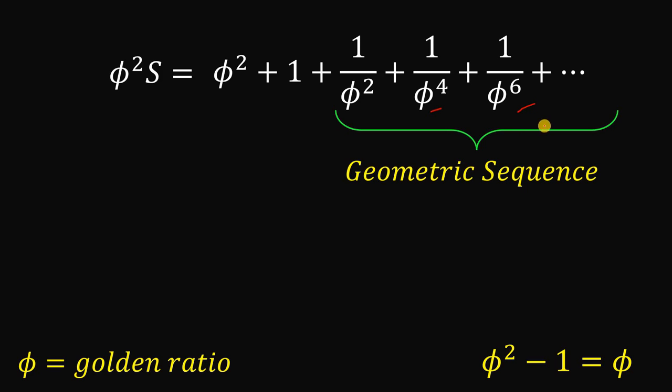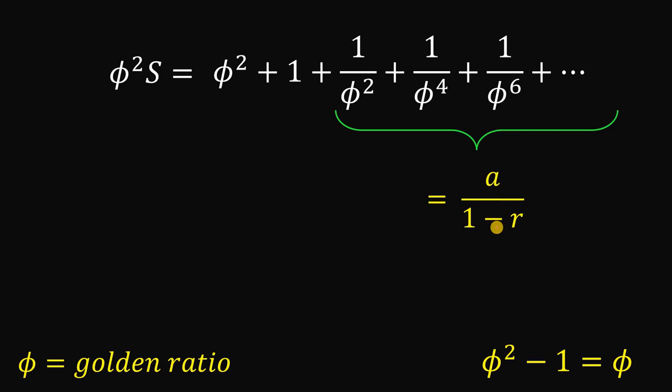If we have a geometric sequence wherein the value of r is between 0 and 1, this simplifies to just the first term over 1 minus the common ratio r. Or simply, this infinite geometric sequence can be written as the first term over 1 minus the common ratio.